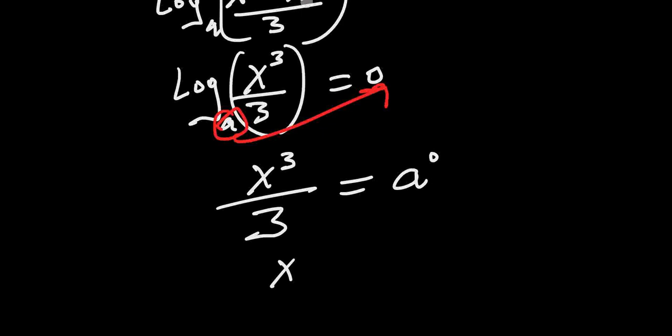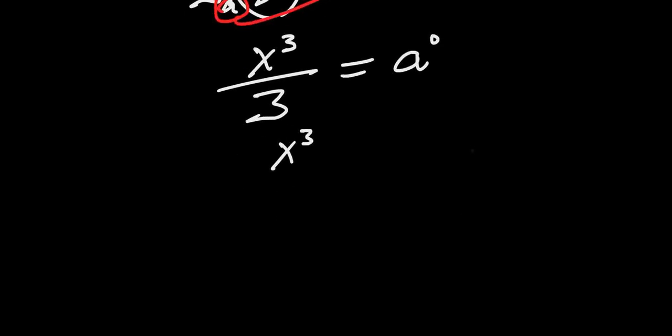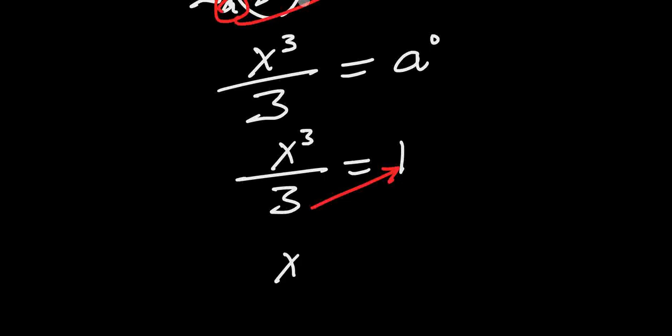So this will become x cubed over 3 is equal to 1. So we can now cross multiply, use this 3 to multiply this. And that is going to give us x cubed is equal to 3 times 1 is 3.